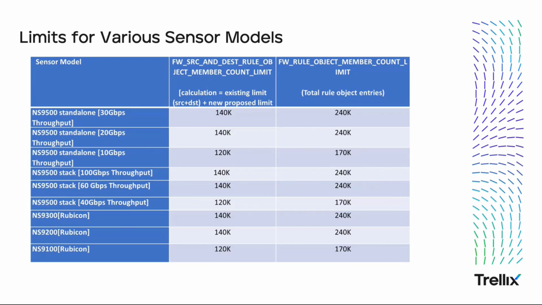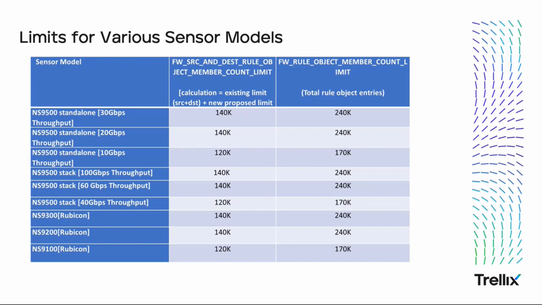So here is the sizing of rule objects on various sensor models. If you take a firewall policy, there are various fields, including the source and the destination address fields. In this feature, we have increased the limits on the source and destination address TLVs. For instance, if you take a sensor, say NS9500, which is running a throughput of 30 gig, the source and destination address TLVs prior to this release had a support of maximum 40K.